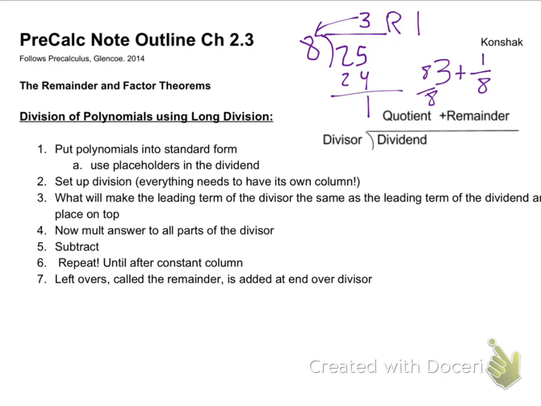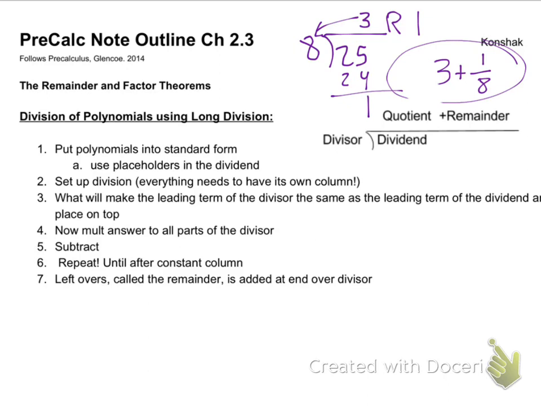That's 24. 24 plus 1 is 25, and that's 25 over 8. Isn't that exactly what I'm trying to show? 25 divided by 8. So that's the cool thing. We are going to use more of this style, where you place or add the remainder divided by the divisor.